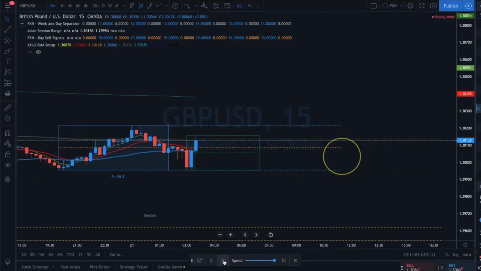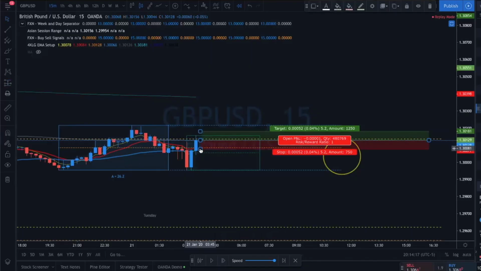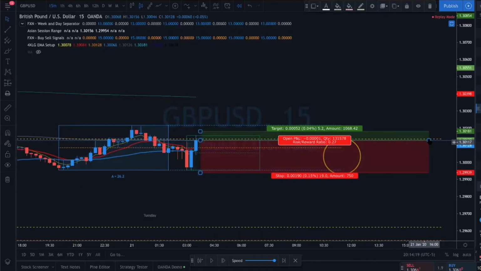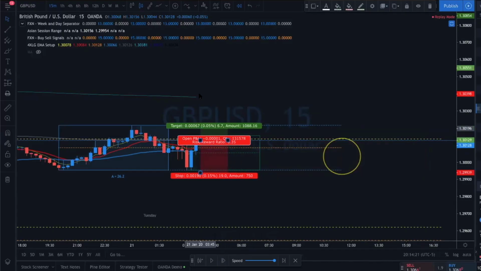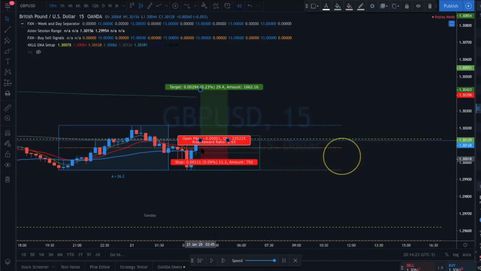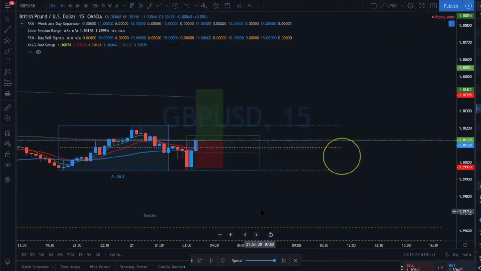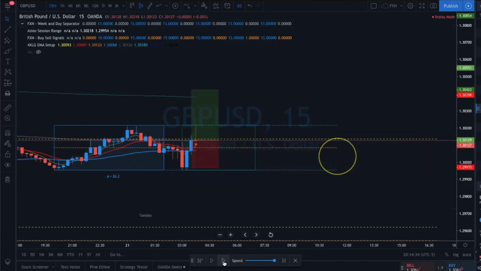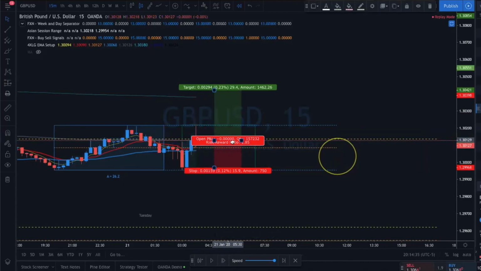This next candle prints, and it closes above the 13, right? So you're looking at getting in on the candle right after that one. And one more candle after that is when you actually have the crossover.